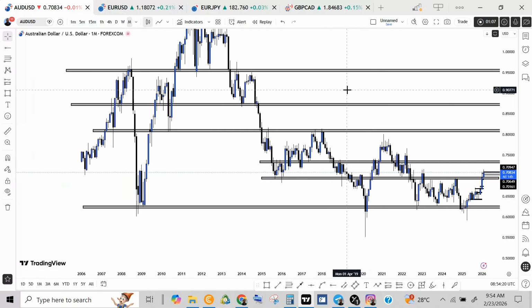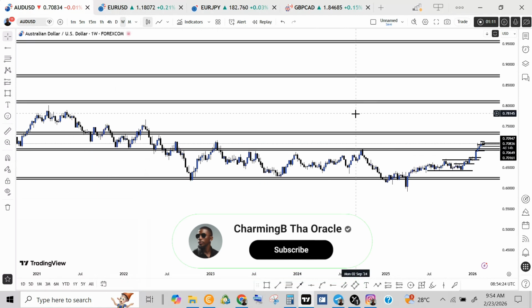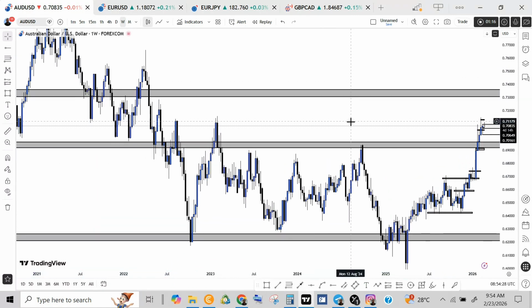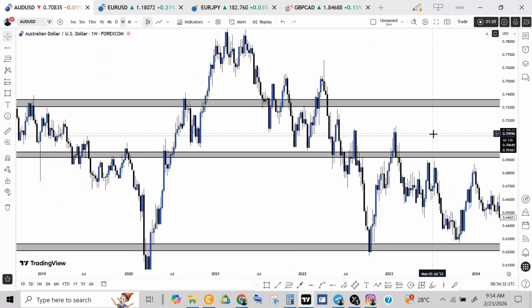Now, the first thing you want to know is, what is multiple time frame analysis? Multiple time frame analysis is like top-down analysis, but not exactly top-down analysis. Top-down analysis is starting from the top, from the higher time frame down to the lower time frame.